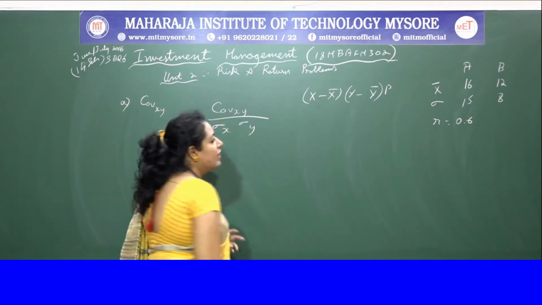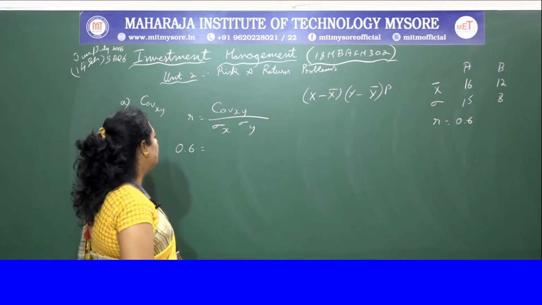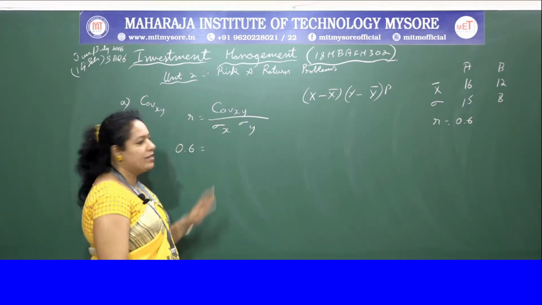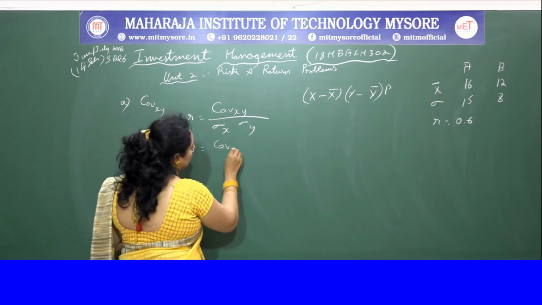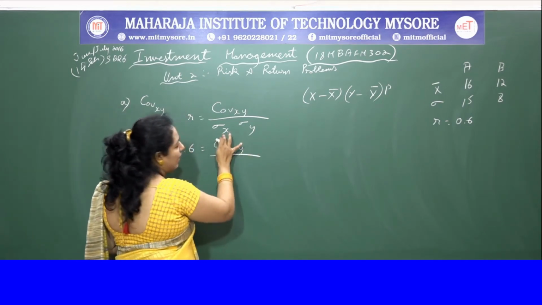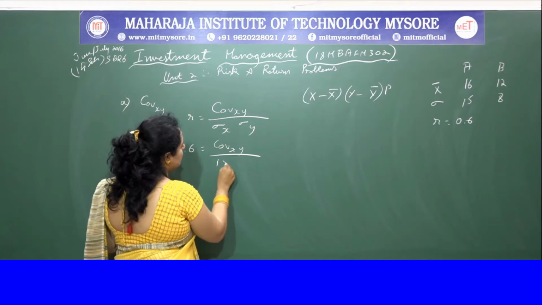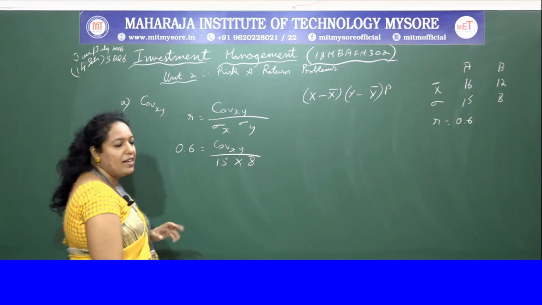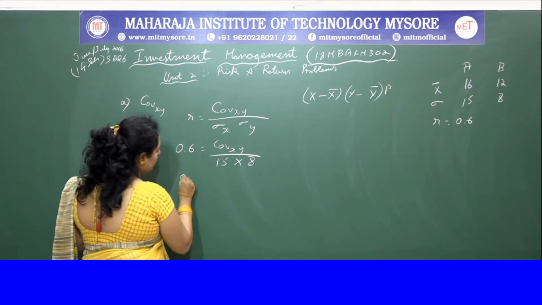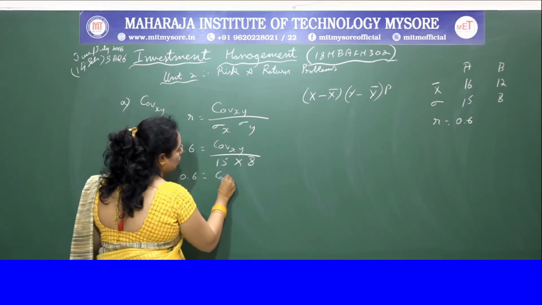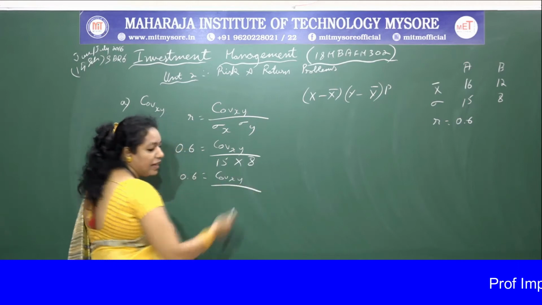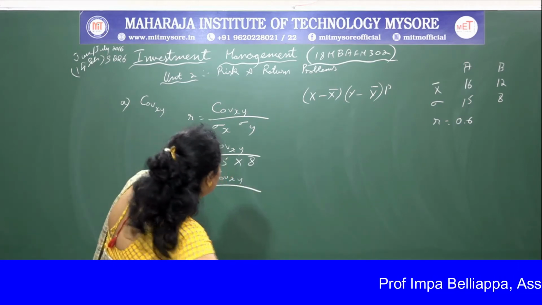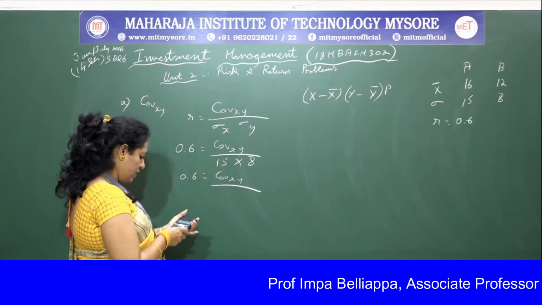So this is the given information. With this given information, you can find out the covariance. We have the standard deviation of x, which is 15, and the standard deviation of y, which is 8. So 0.6 is equal to covariance xy divided by 15 into 8. 15 into 8 is 120.